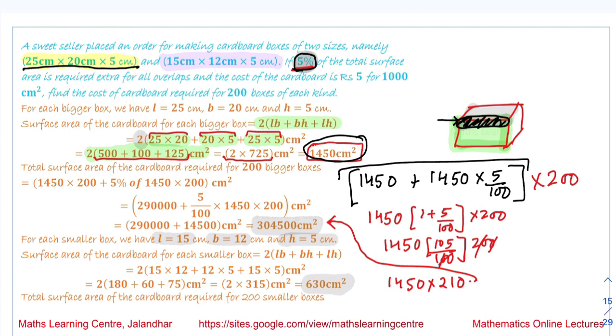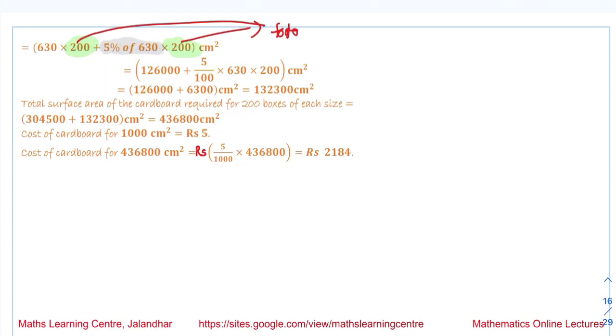So again we are using the same thing, saying 5% extra is required, and we have multiplied with 200 because 200 is the total number of boxes required. That is, 200 boxes we are going to make.